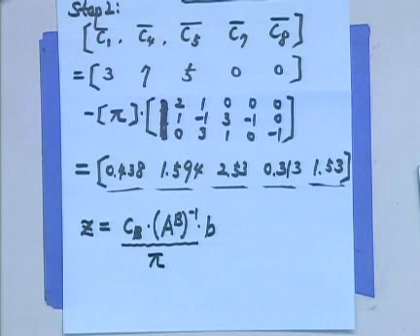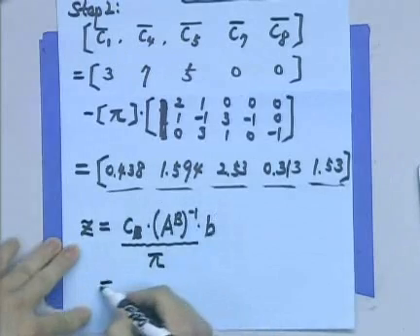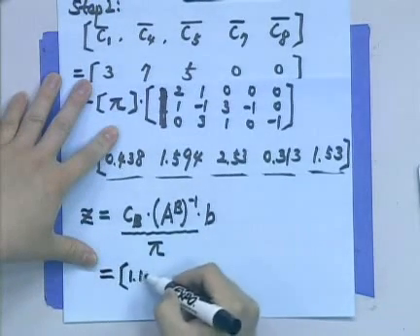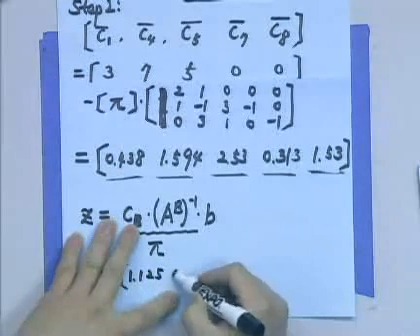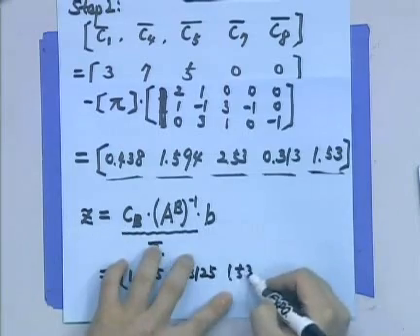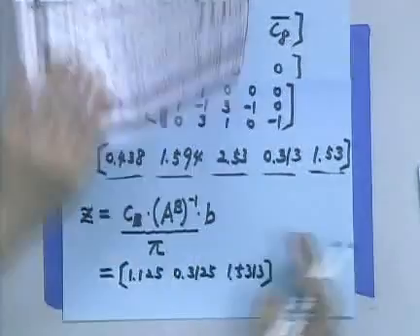We already got it. So, pi is 1.125, 0.3125, 1.5313. What about the value of b?